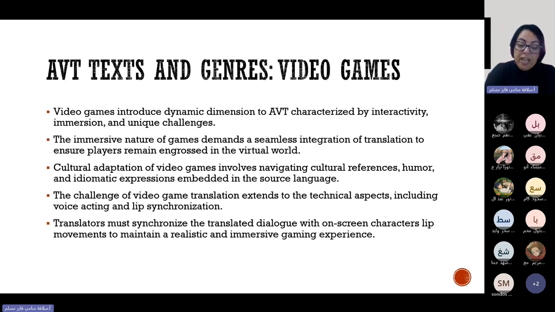Video games. Video games are a very, very growing market. Okay? We have many teenagers, even grown-up people who love video games. These video games are very sophisticated in the technologies that they use, in the softwares and platforms they use. And many of them have been adapted to the Arabic language.